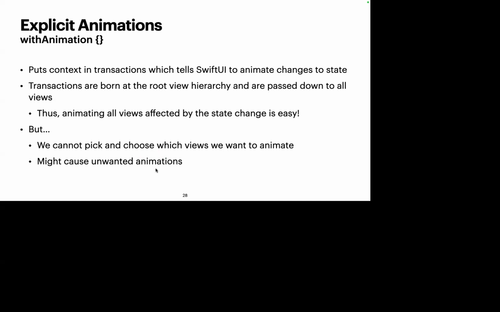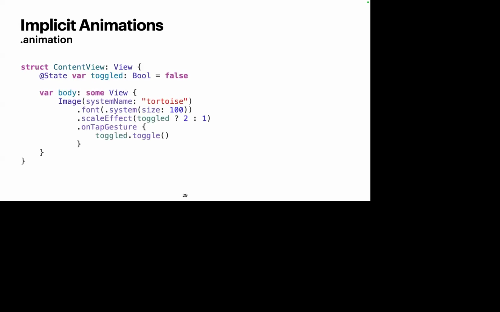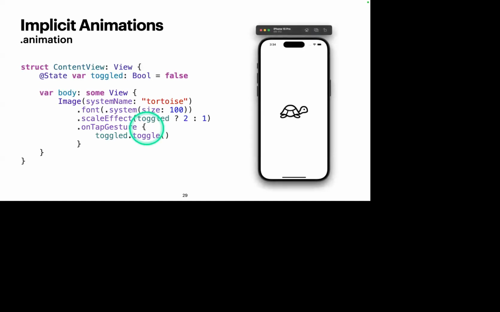If you want finer-grained control, you could use something called an implicit animation. In this case, this is the example that we have seen before, but now what we changed is that we removed the withAnimation closure, and now we use this .animation view modifier instead.